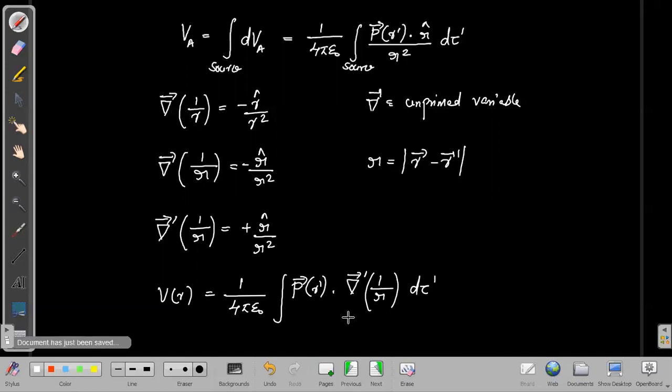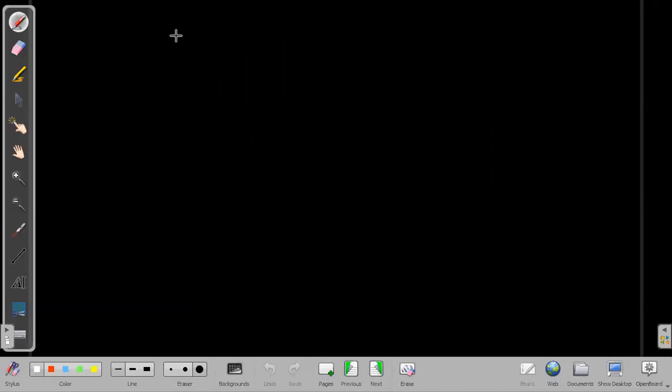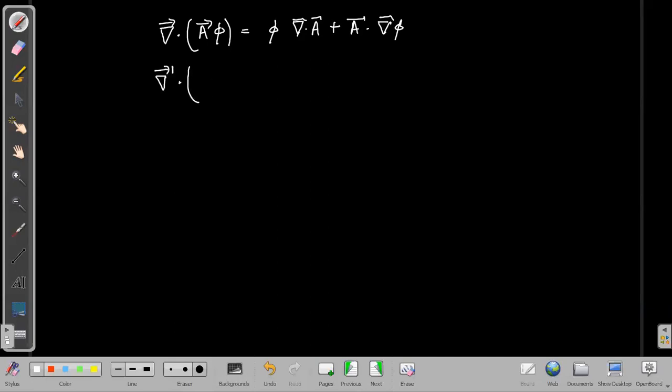For that, we have to use a result from vector calculus. According to vector calculus, if you have the divergence of a product of a vector and a scalar quantity, then this can be written as phi del dot A plus A dot del phi. So hence, what would be del prime dot P by script r?